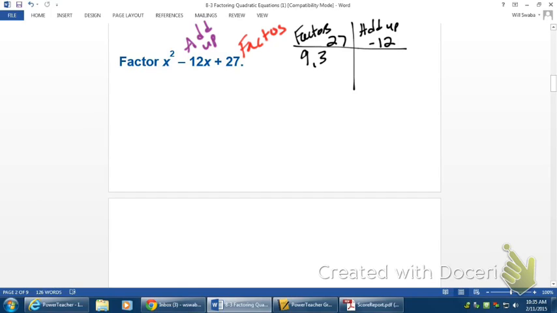We know you're going to have to involve a negative number. Now, we need factors of a positive 27, though. If you multiply a negative 9 times a negative 3, first off, you get a positive 27. Second off, if you add those together, you get a negative 12.